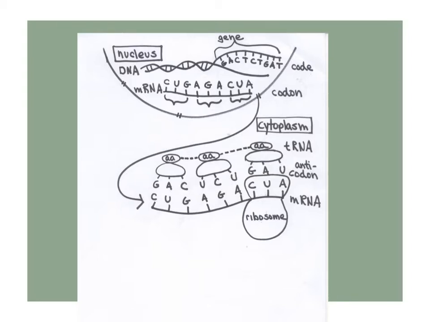Okay, hopefully you got them all correct. Here they are, GAC, UCU, GAU. The next thing you see on this one is that the amino acids that the transfer RNAs were carrying are now connecting to each other, shown by those little dashed lines.